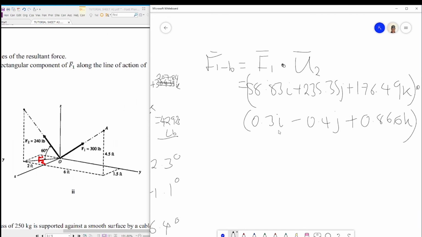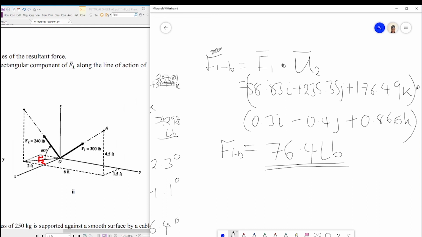You're going to dot this, and technically, if everything is okay, our F1B, which is not a vector, will be equal to 76.4 pounds.